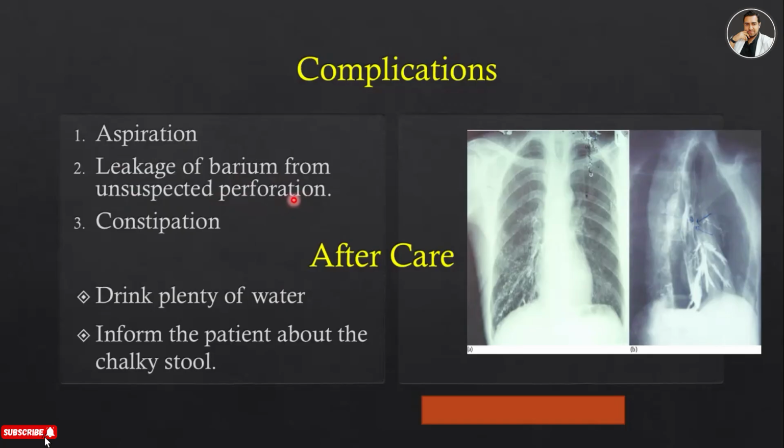So the esophagus may have perforation or may have leakage. So the contrast barium sulfate paste can leak through this perforation, and the most common perforation may be tracheoesophageal fistula, where the barium sulfate contrast goes to the lungs and the patient has difficulty in breathing and aspiration.